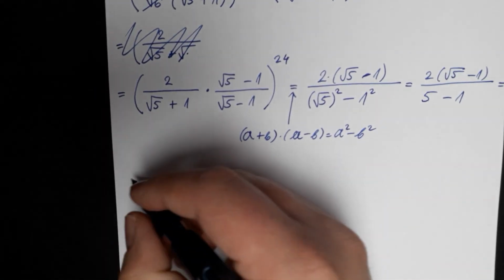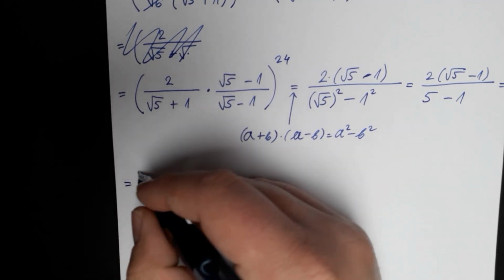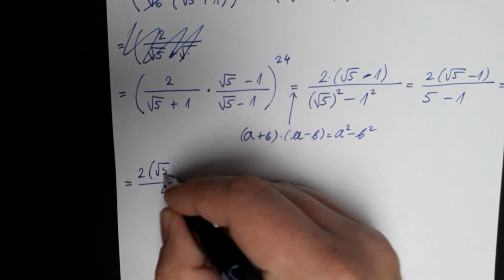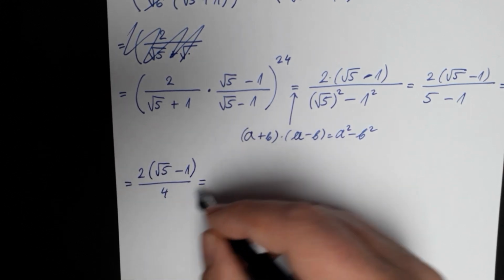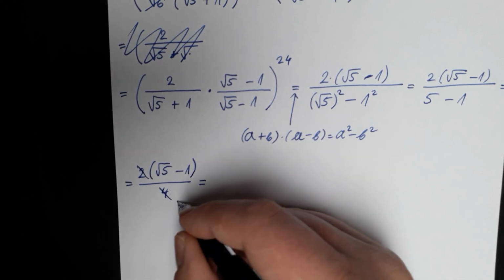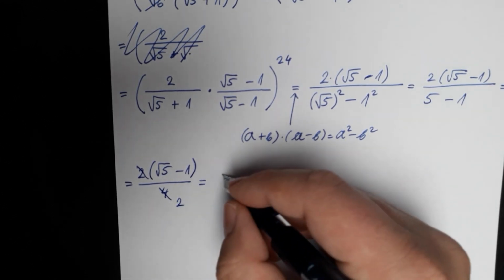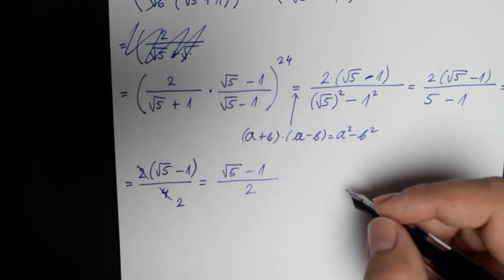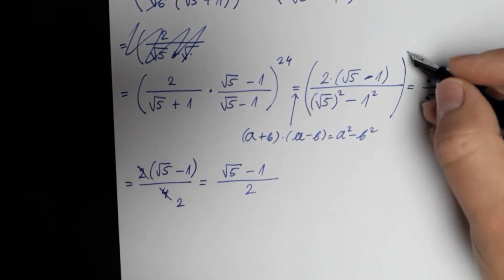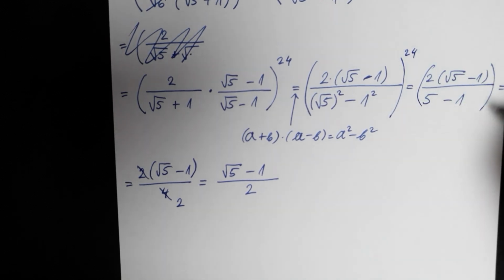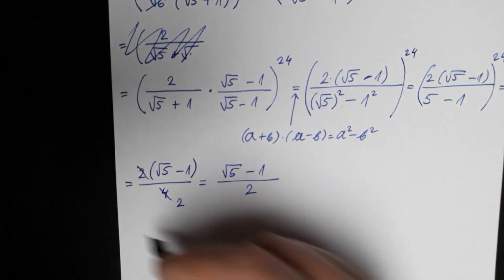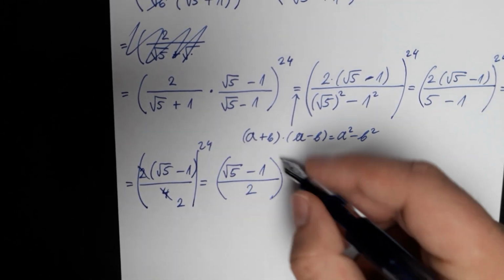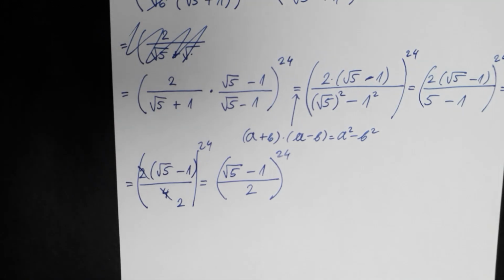So I have 4 in the denominator, and of course in the numerator I have 2 times the square root of 5 minus 1. 2 and 4 are going to cancel out, and I am left with 2 here, and that is the square root of 5 minus 1 over 2. Of course, this is going to the power 24. The power of 24 remains over here.